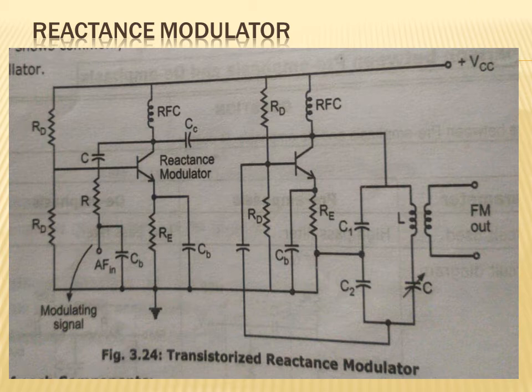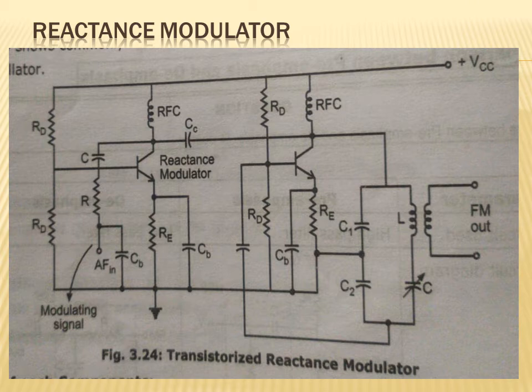The AF input is applied to the base of transistor Q1, the first transistor. The AF input signal is the modulating signal. According to the modulating signal, the reactance of the first transistor changes.